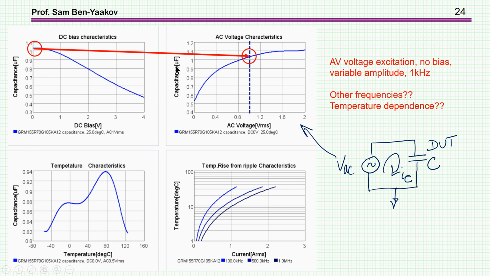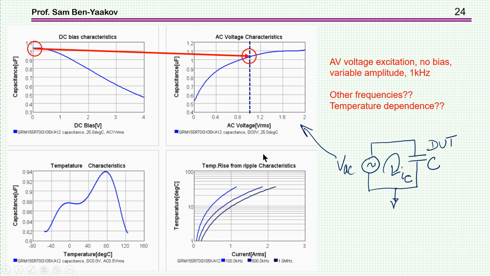It says here capacitance change, or capacitance value in this case. One is the nominal value, and this is AC volt excitation. That is, the capacitor now is exposed to an AC signal, no bias, like in the case of a resonant converter, say, and the amplitude of this AC is changing. Okay, here it's 0.4 volt, 0.8, 1.2, up to 2 volt.